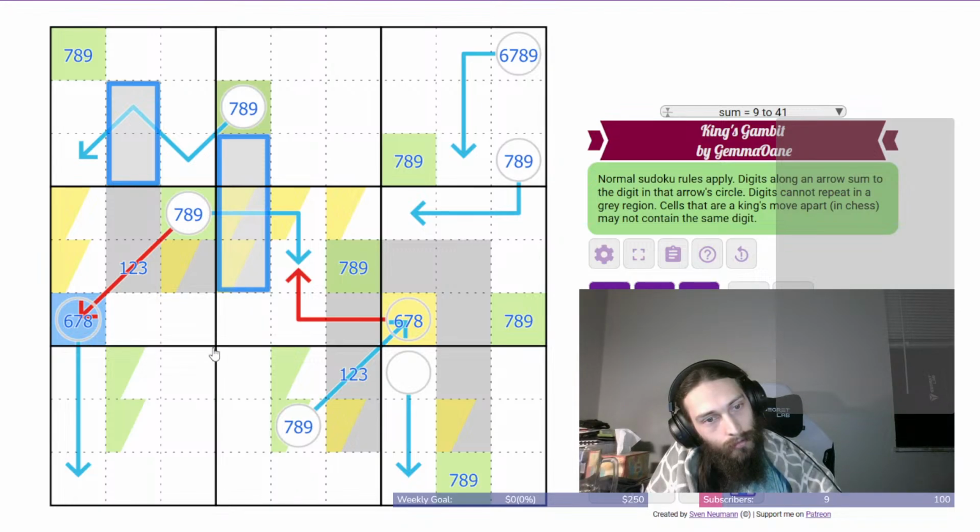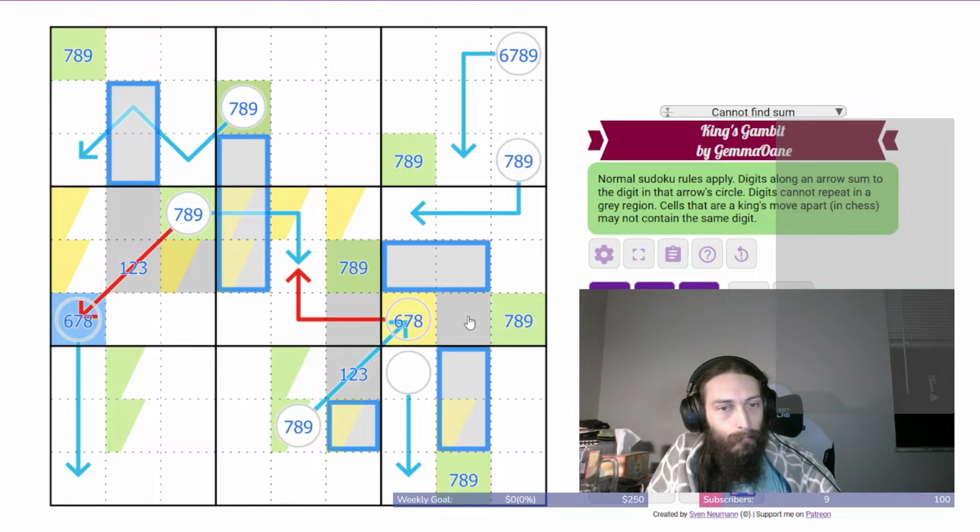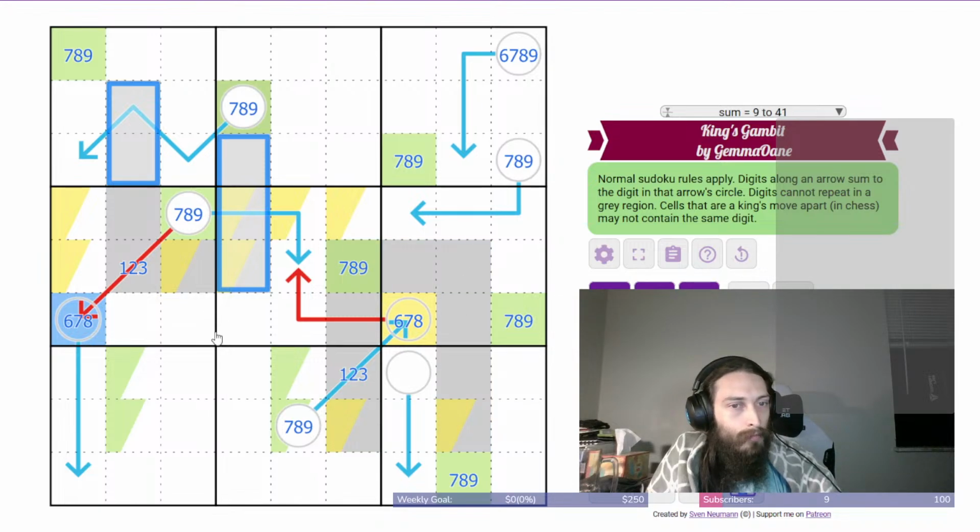Are we looking for blue? Yeah. Okay, it can't be on the arrow for 789 in box 4.